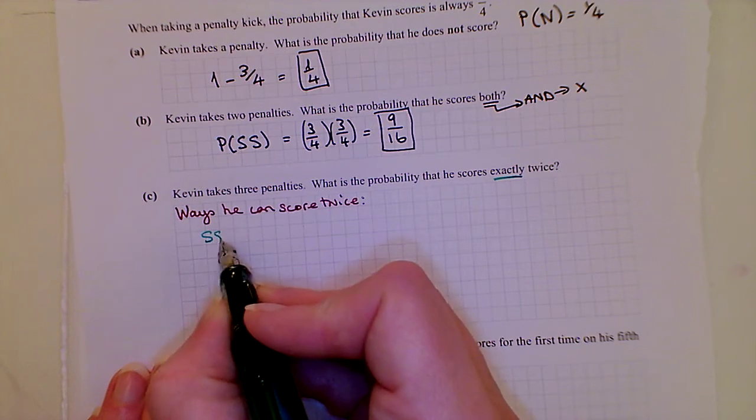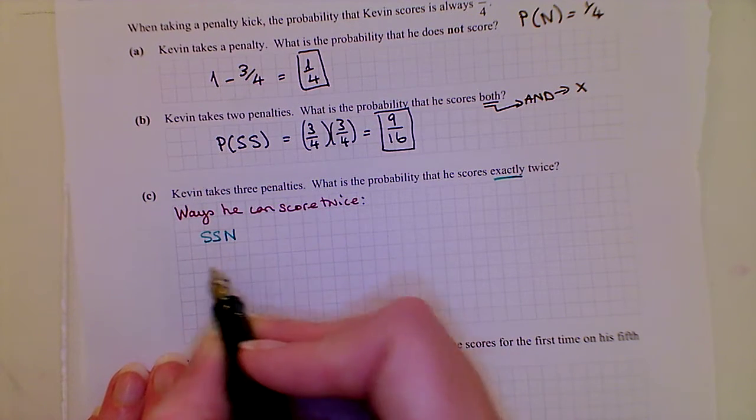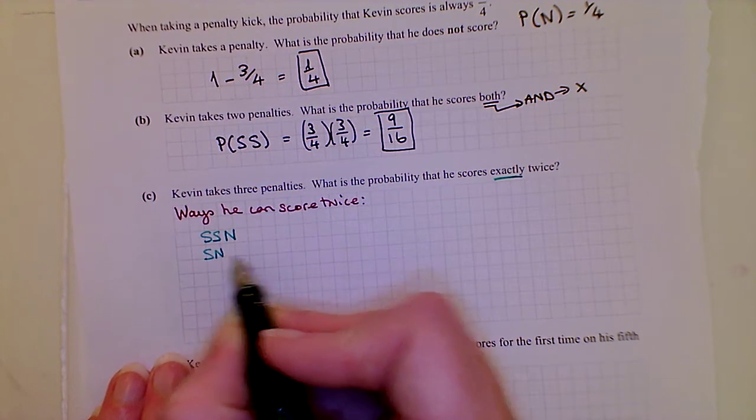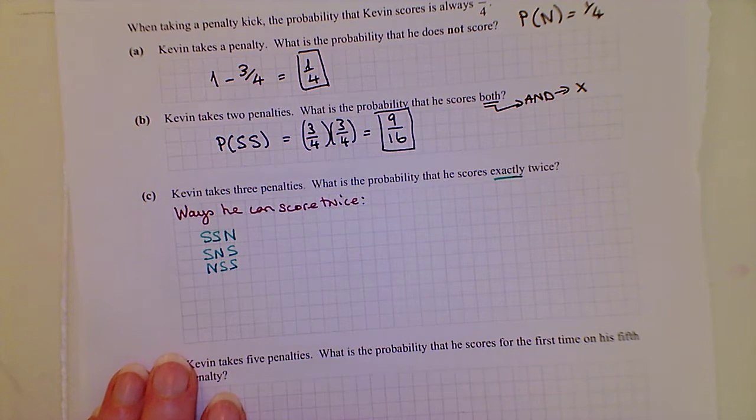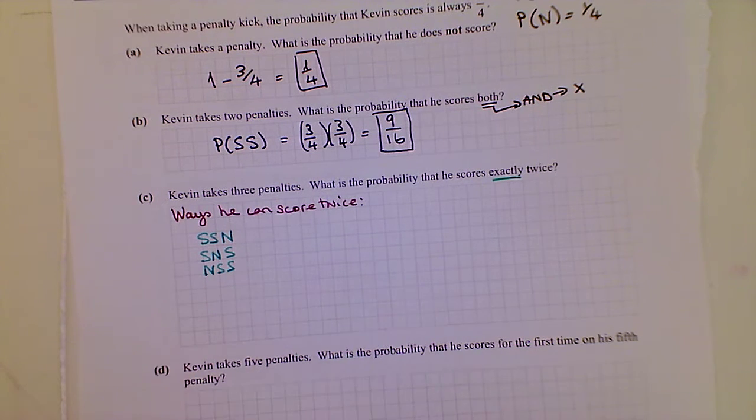He could score the first 2 and miss the last, or score the first and the last, or miss the first and score the other 2. So those are the 3 ways that he could score exactly twice.